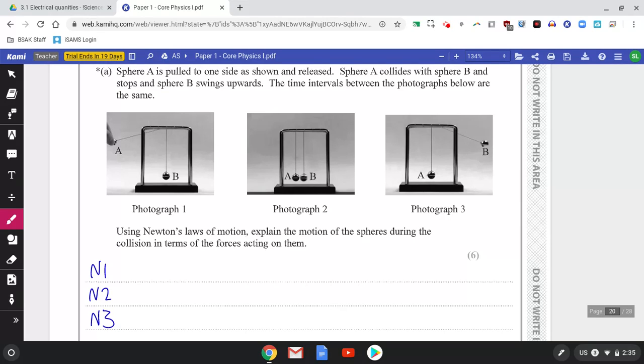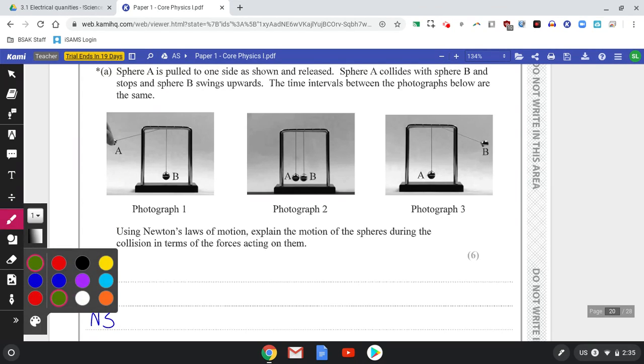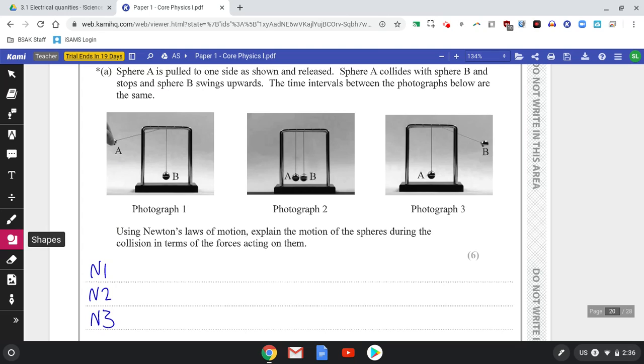Now, the weight of A is vertically downwards, but there is a component of weight that's always perpendicular to motion, isn't there? So that component that's perpendicular to the wire, that's the component in the direction of the motion. That's going to cause acceleration. So that's where N2 would be applied.